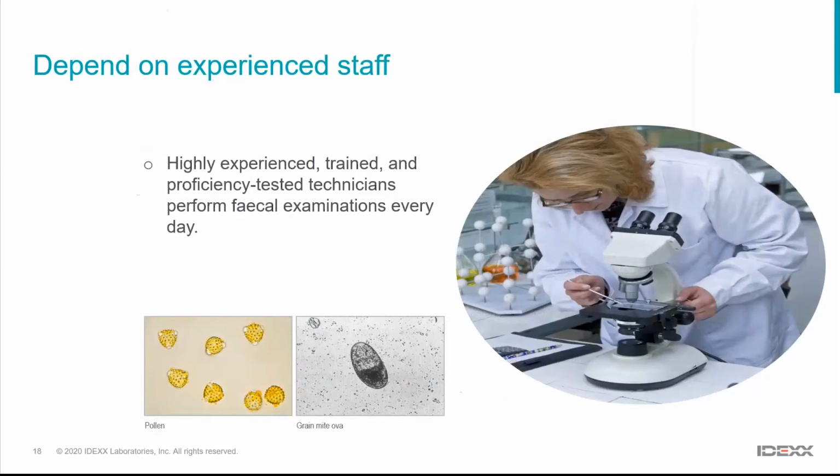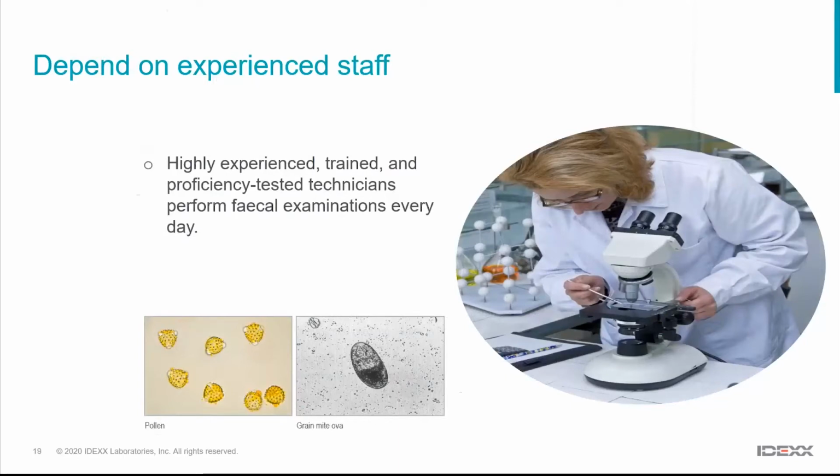And the other thing, as I say, if we are doing the flotation centrifugation, having trained scientists do it has value as well. I know over the years when I've had patients with diarrhea and you're looking at that fecal float, you're trying to convince yourself that there's something there. And other things like pollens or grain mite ova can look like some parasites.